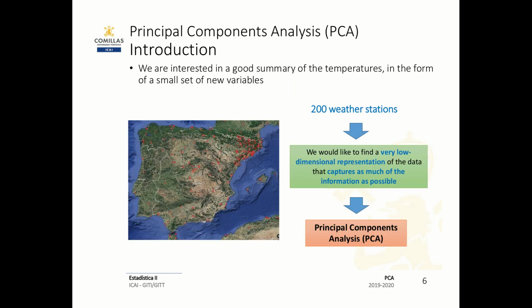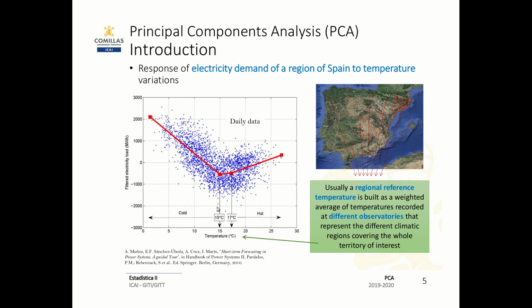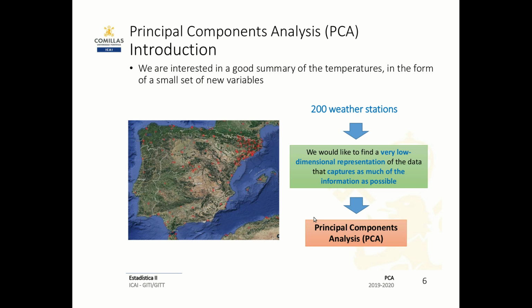So let's say that here we have temperature, but actually we don't have a single temperature measurement. We have 200 temperature measurements. So can we summarize all those measurements onto just one or two or three variables describing the temperature? That is the task of PCA.